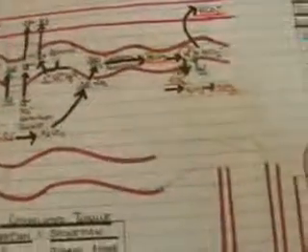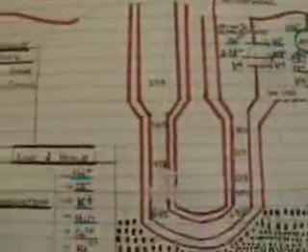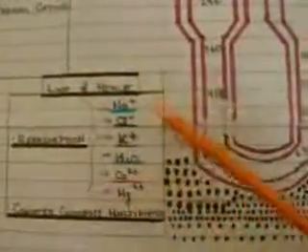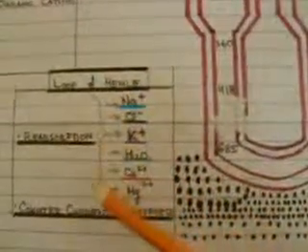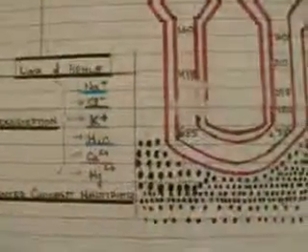And then we'll look at the loop of Henle. Two major functions are to reabsorb certain electrolytes and to create a certain phenomenon, which is the countercurrent multiplier.